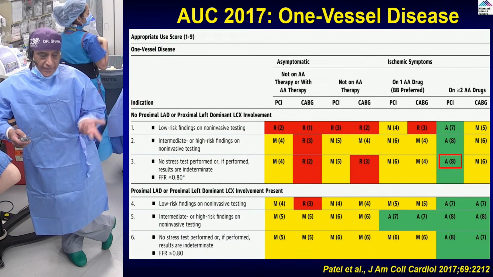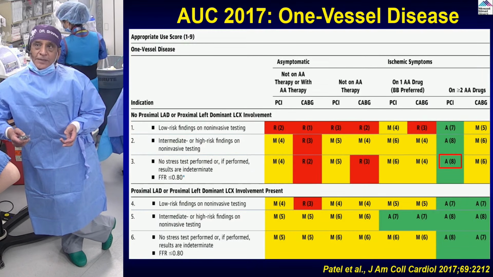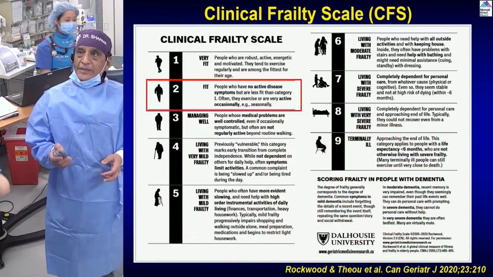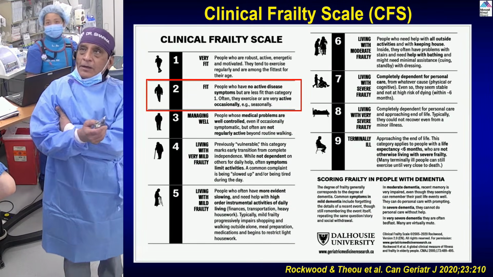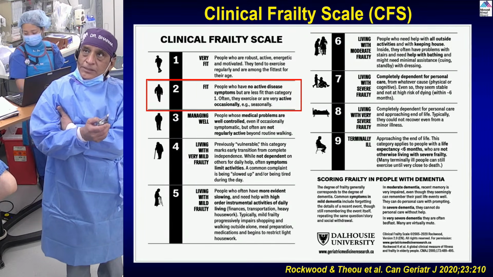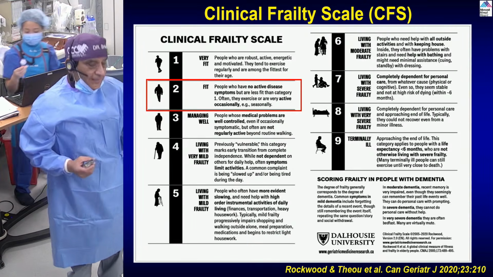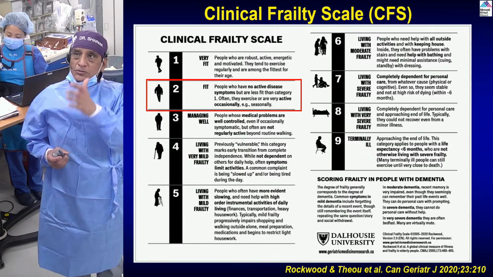Also, as you know, the recent ACC guidelines in terms of revascularization have given emphasis to frailty, and this is from the Canadian Journal of Geriatrics, called the Clinical Frailty Scale, CFS. So besides the SYNTAX score and the STS, it's also the frailty.